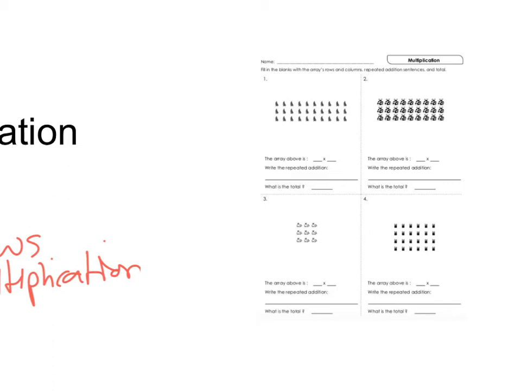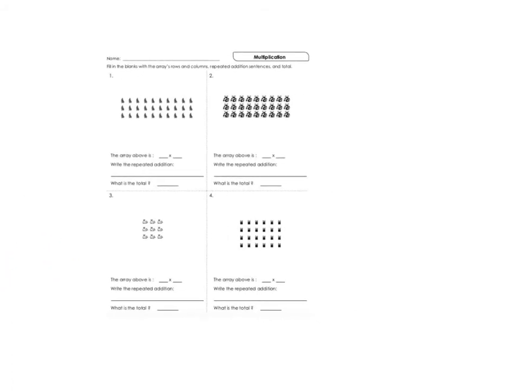Okay, so I know this is a little bit hard to see, but we'll do our best to read it. It says fill in the blanks with the array's rows and columns. So let me do an example over here. This is my array. I have a column that goes up and down.